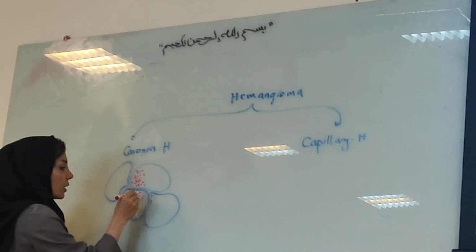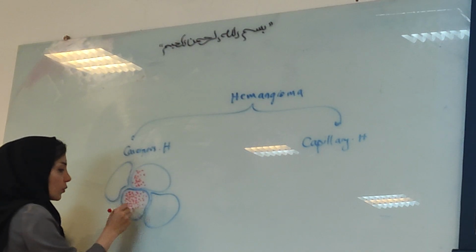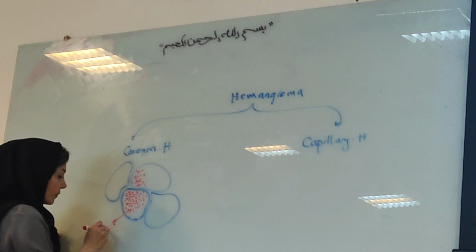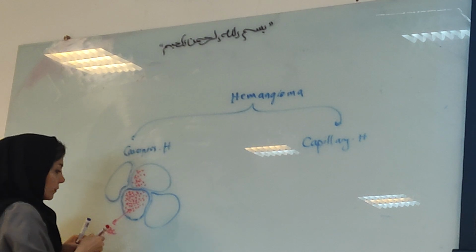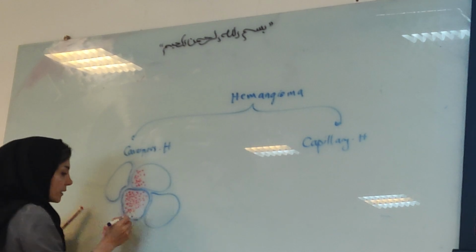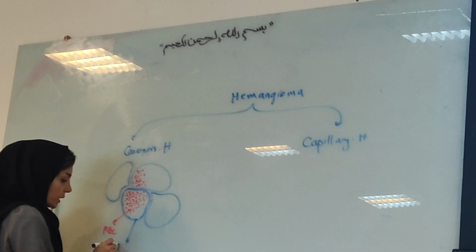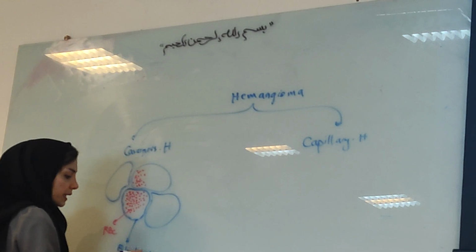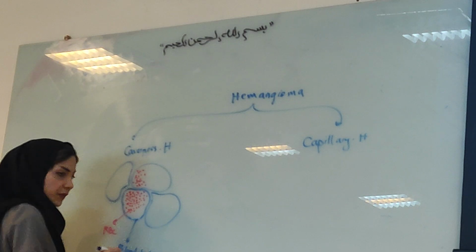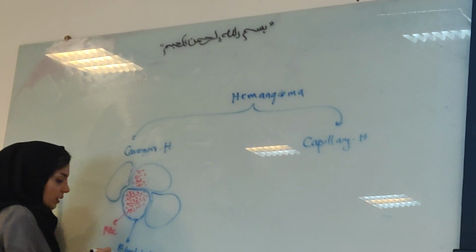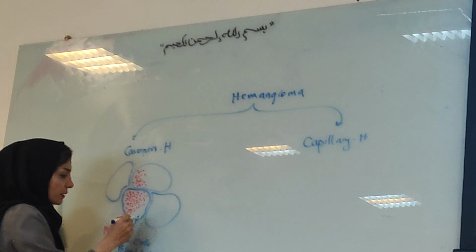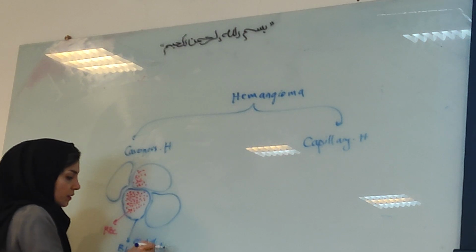These large blood vessels are full of RBCs, and the endothelial lining is really bland looking, without any atypia or mitotic figure. Okay? Endothelial cells line these large blood vessels.